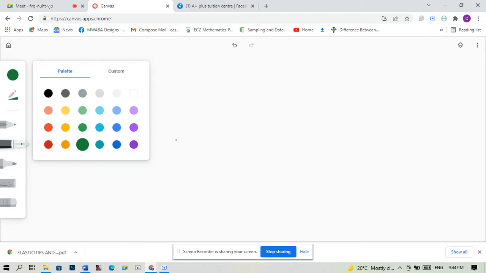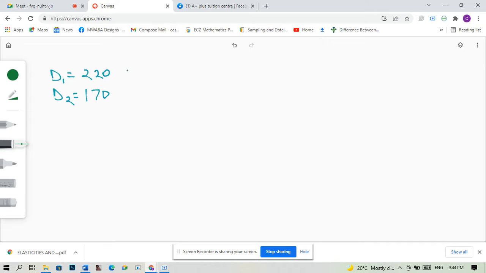Then Y just represents the income. So our initial income Y1 was 2,800. Now the new income Y2 is 3,000. Right, so let's calculate the percent change in demand.